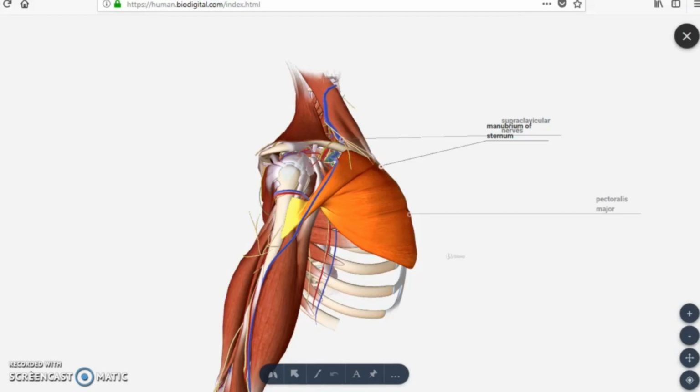The important thing to make out here is that while inserting, the lower fibers of the pectoralis major get twisted. You have the upper fibers here and these are the lower fibers. The lower fibers twist around, and then get inserted.